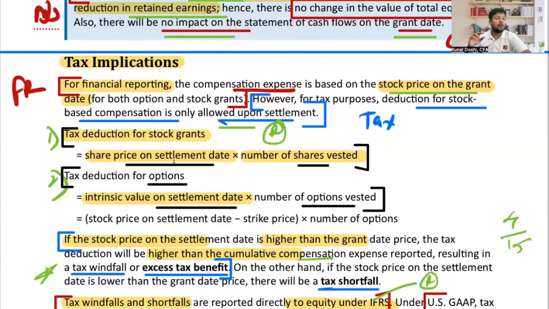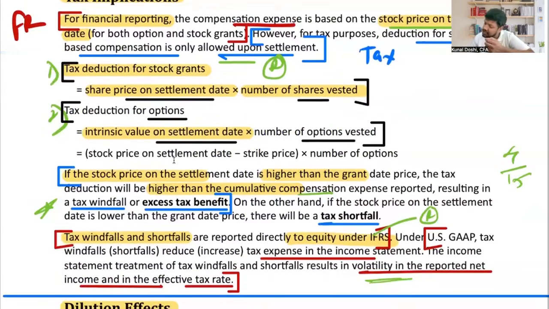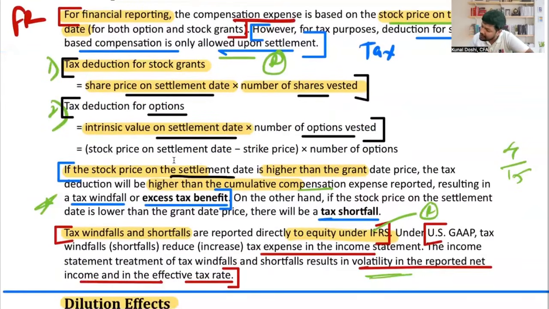Now, when I say tax deduction, if the stock price on the settlement date is higher, the tax deduction will be higher than the cumulative compensation expense. What I recorded as an expense on the grant date, the older share price, will be less, but the tax deducted will actually be more. So that's a benefit, right?